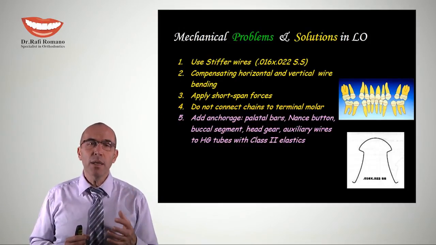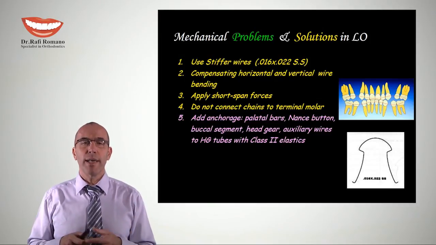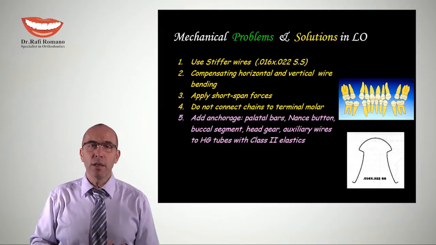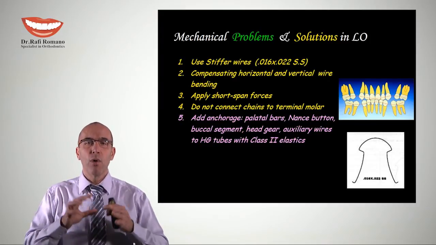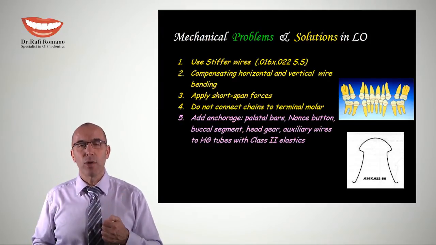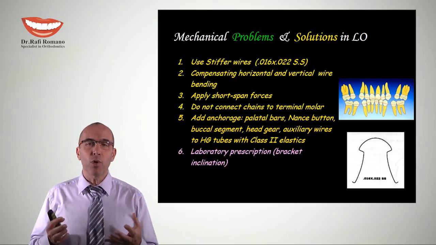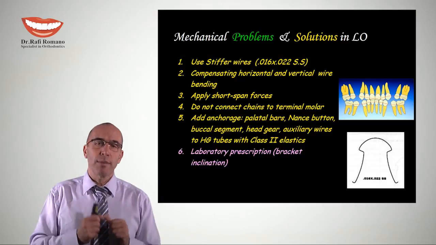The next one is to add more anchorage. We can have a palatal arch, mini implants, a headgear, or a Nance button. All these things will add anchorage to our system. The next one is to have a laboratory prescription in the bracket position.